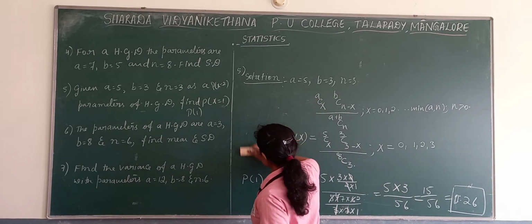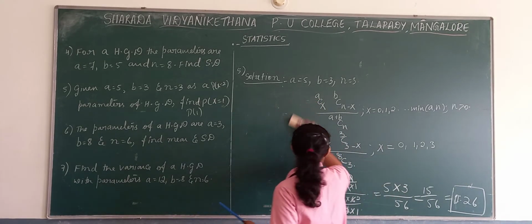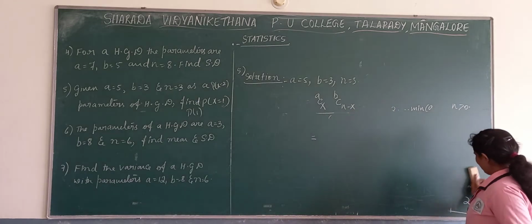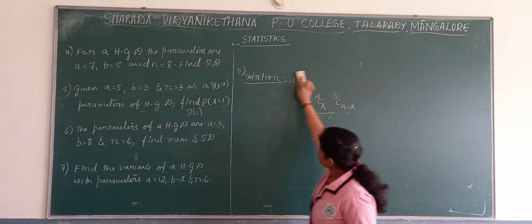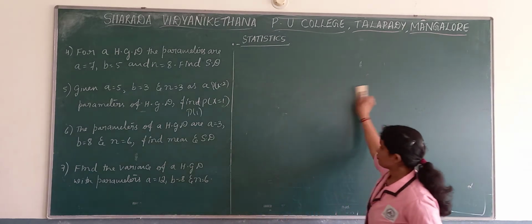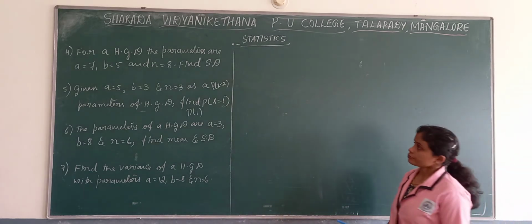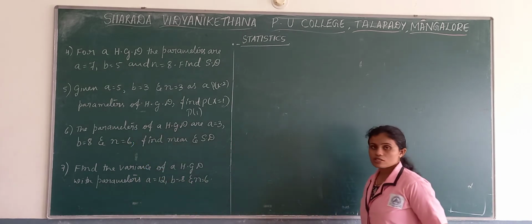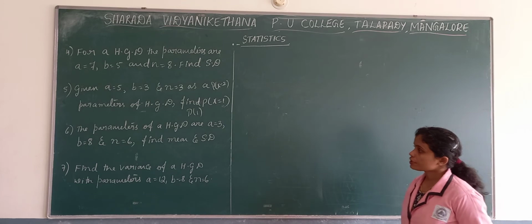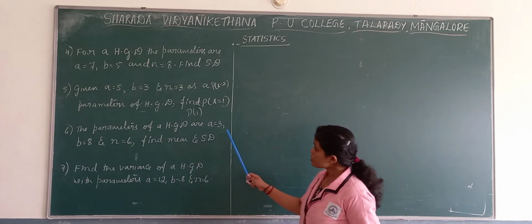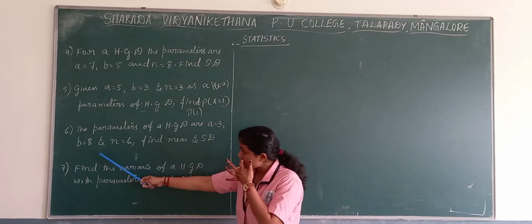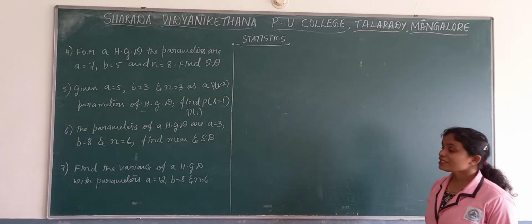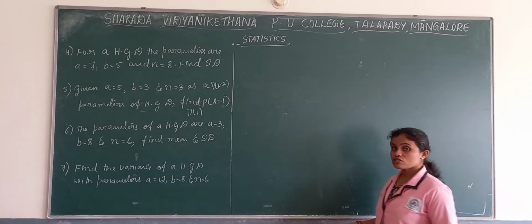Read the question there. Now, the parameters of a hypergeometric distribution are a is equal to 3, b is equal to 8 and n is equal to 6. Find mean and standard deviation. Here they have asked two questions.